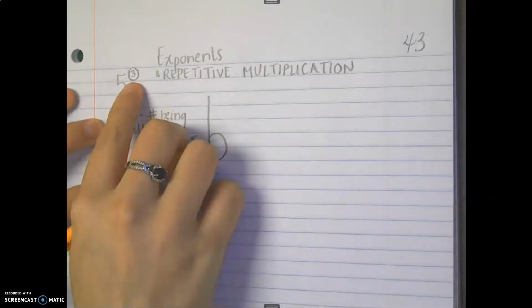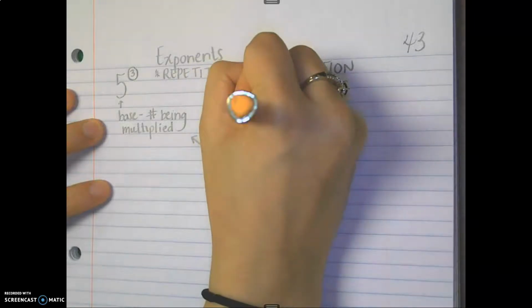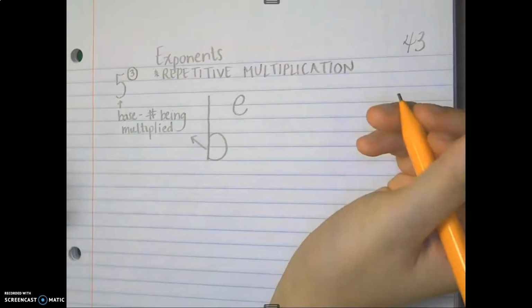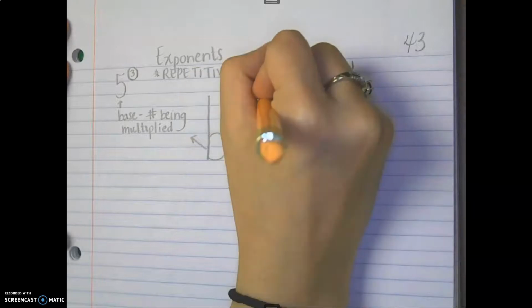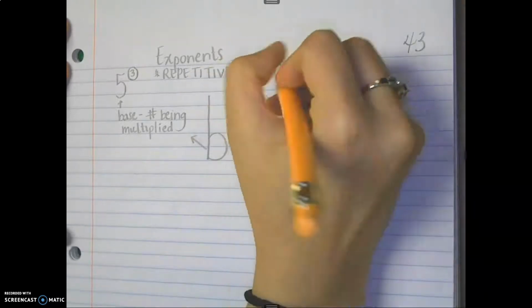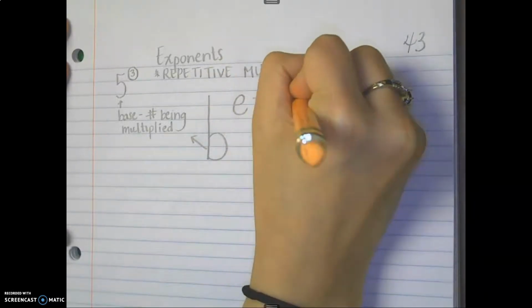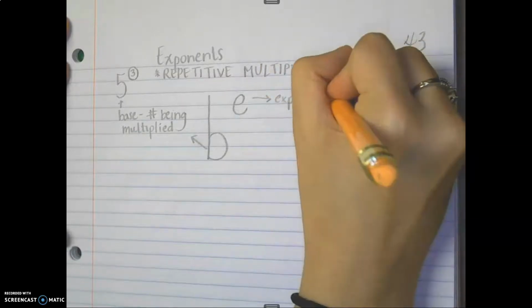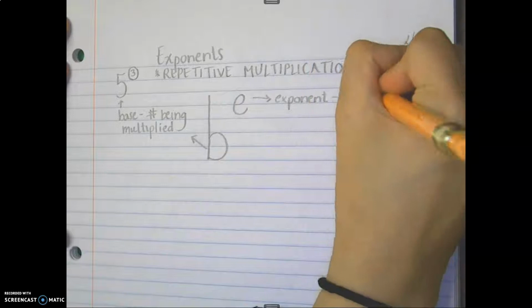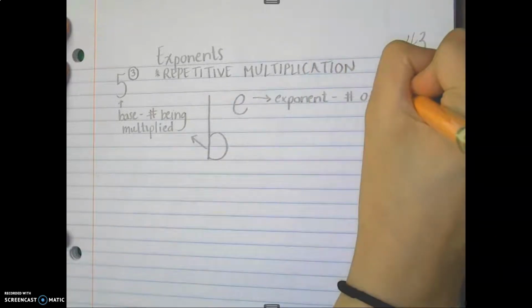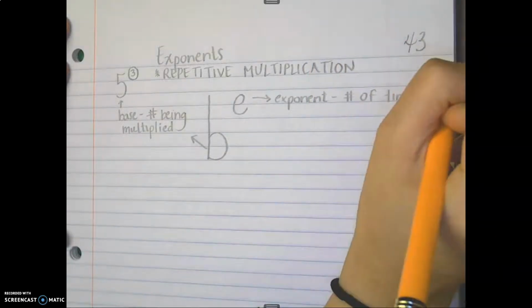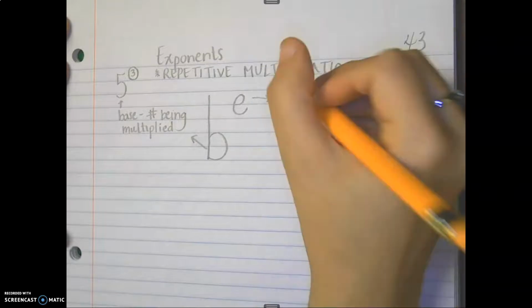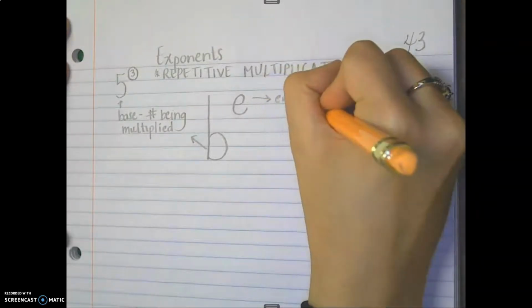Now, my exponent, which is the little number that's flying up at the top, this is my exponent. And this tells us the number of times we multiply the base.